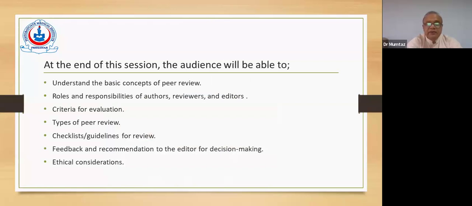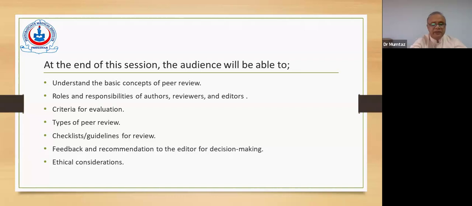At the end of this session, we shall be able to understand the basic concepts of peer review, the roles and responsibilities of author, reviewers, and editors. Of course, if you work with a team, that is with authors and editors, you must know their roles as well. We would come to know the process of evaluation of a research paper.